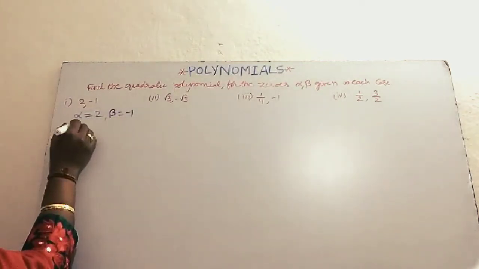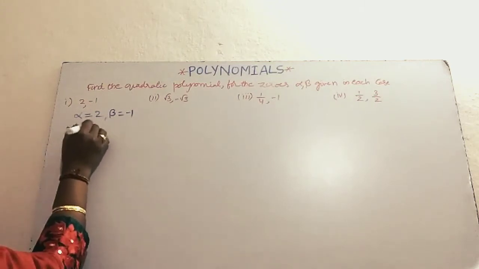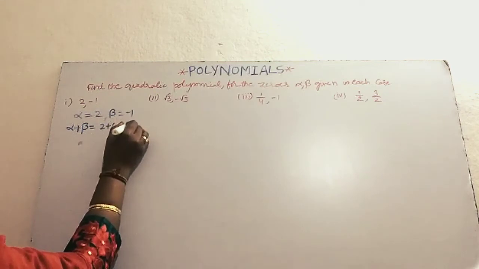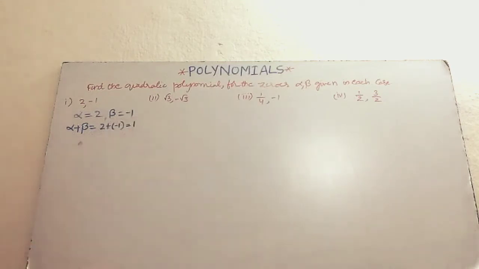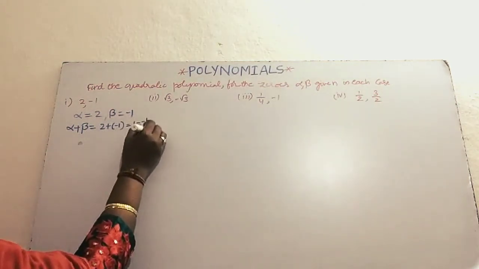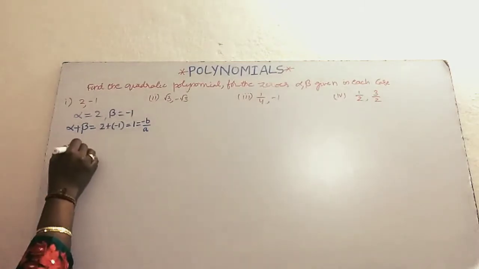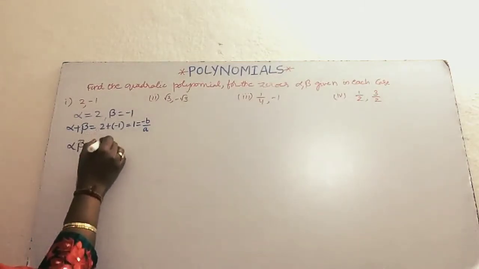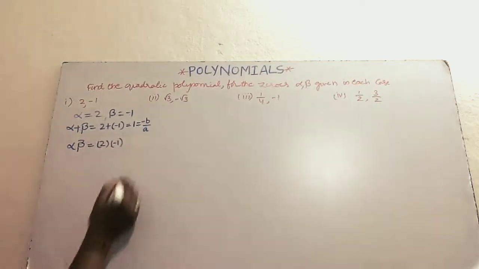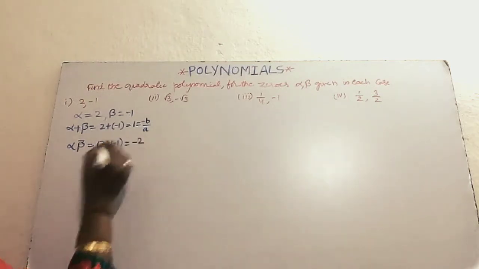So now we will find alpha plus beta. That means 2 plus minus 1, that is equal to 2 minus 1, which is 1. And that is minus b by a. And next alpha beta. Alpha beta is equal to 2 multiplied by minus 1, that means minus 2.